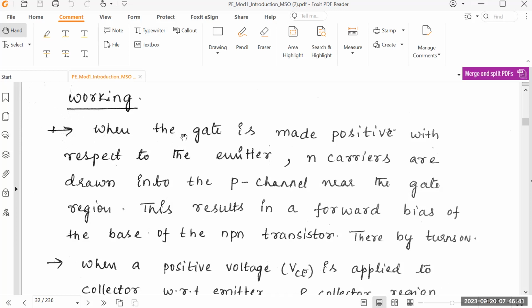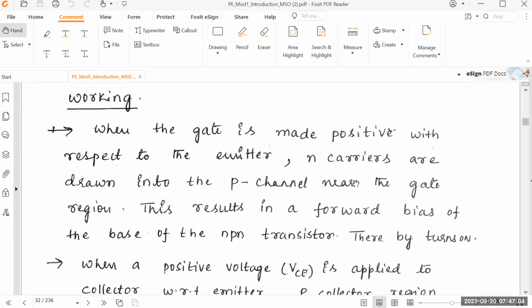So whenever the gate is made more positive, the N type charge carriers are drawn into the P channel near the gate. They come very close to the gate terminal.